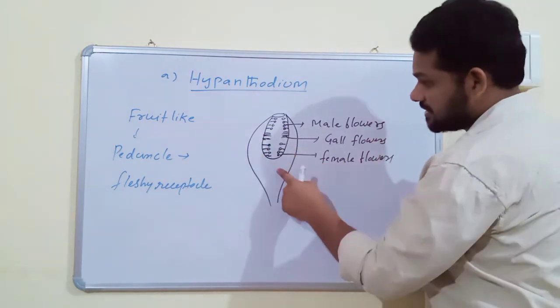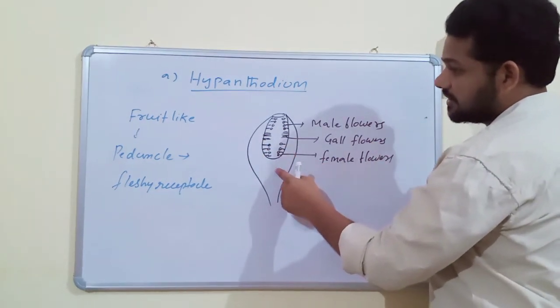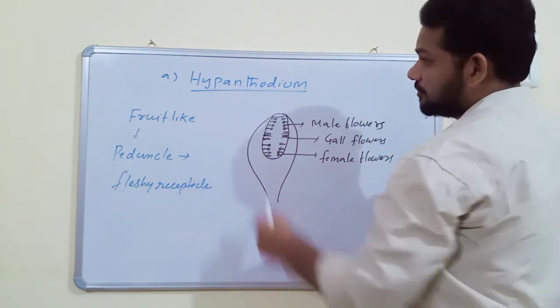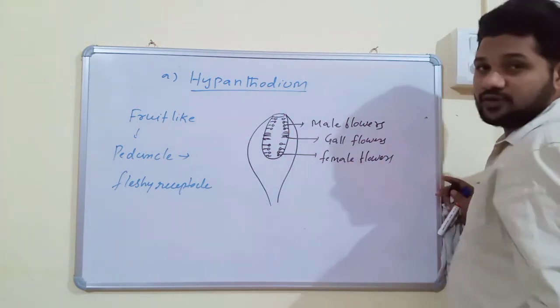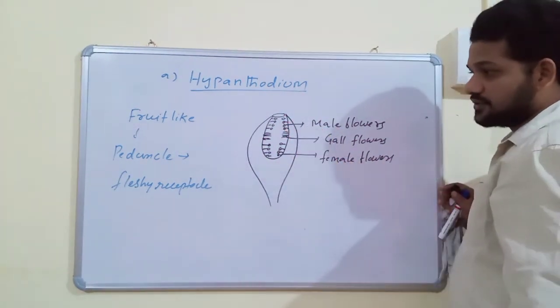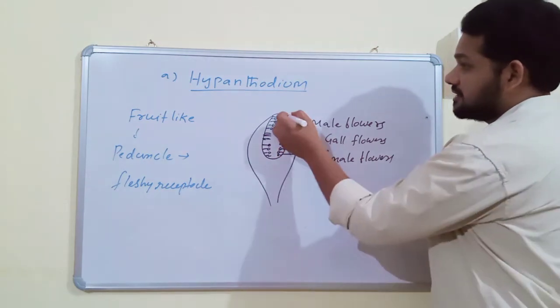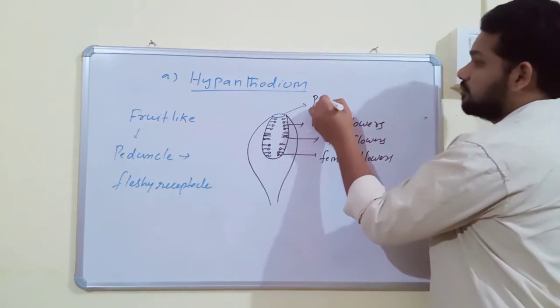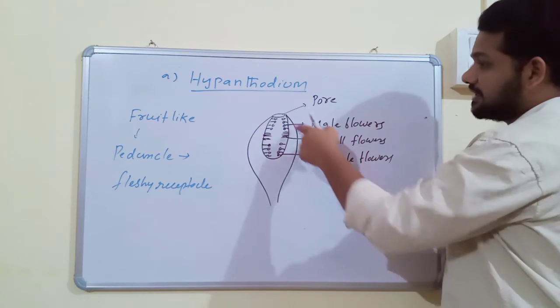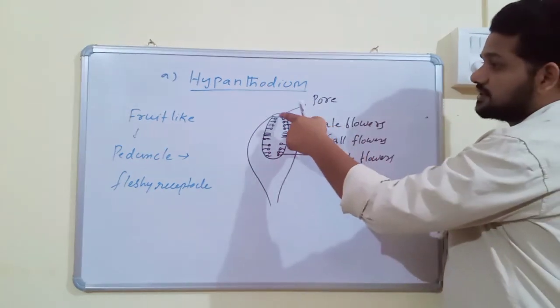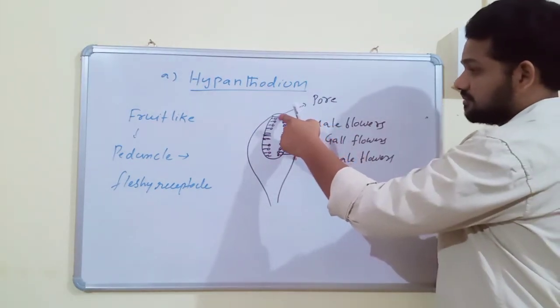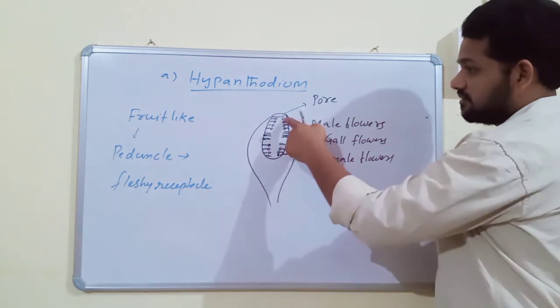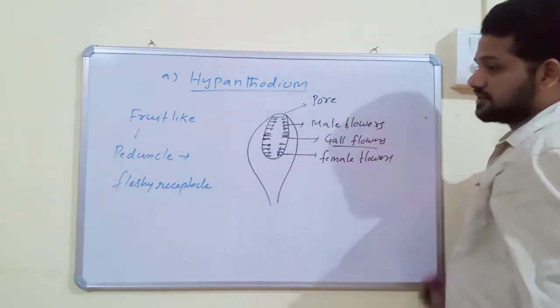And this is the fleshy receptacle. It appears like a fruit, hence hypanthodium is also called fruit-like inflorescence. It has a small pore at its apex, and internally three types of flowers: male flowers towards the apex, female flowers towards the base, and in between, some gall flowers.